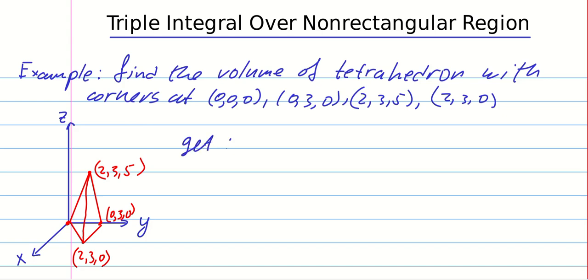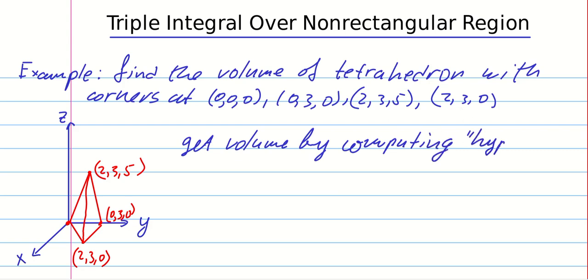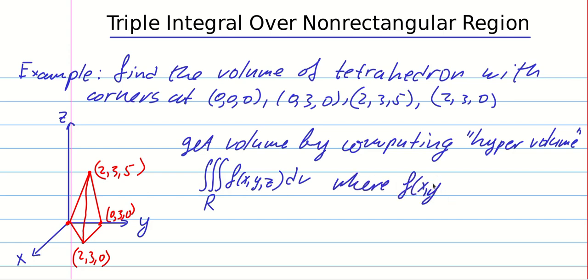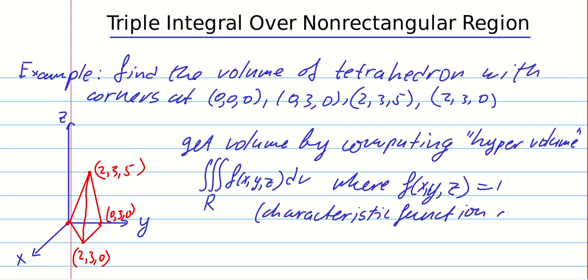So how are we going to approach it? We're going to get the volume by computing a hypervolume, which is basically a triple integral of f of x, y, and z dV over some region, where f of x, y, and z we can set equal to 1, and this is usually called the characteristic function of the tetrahedron.